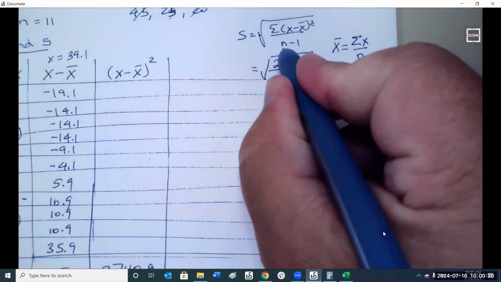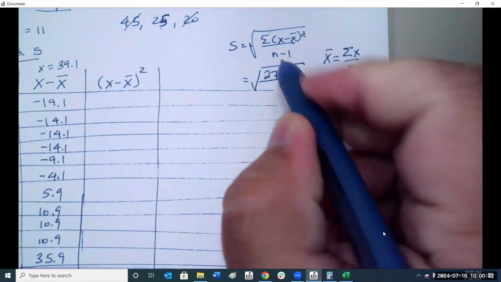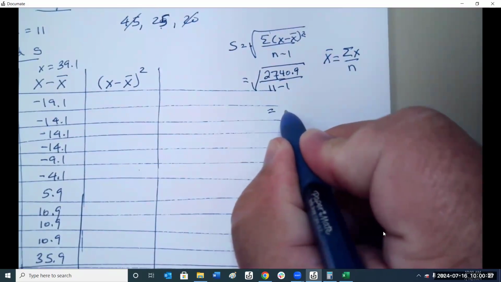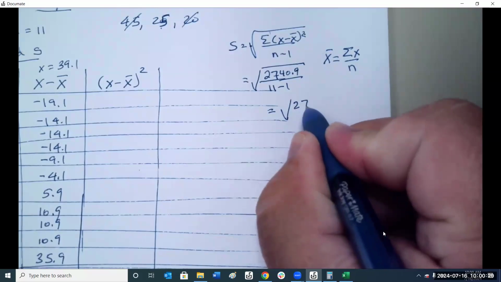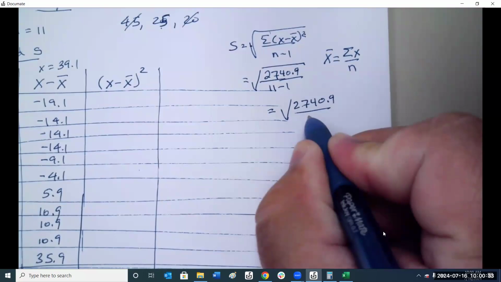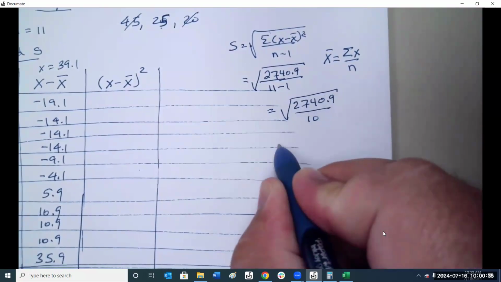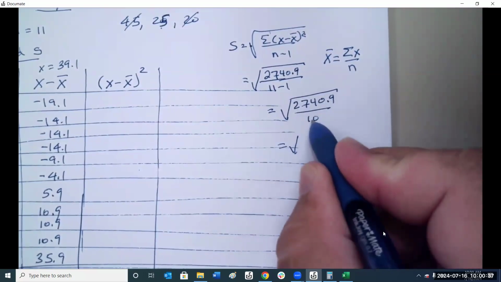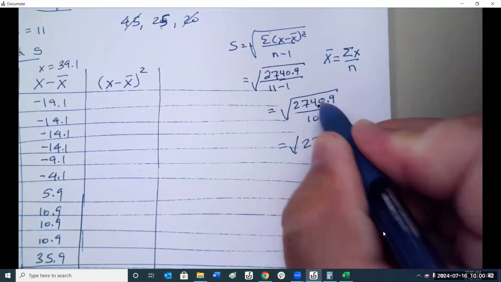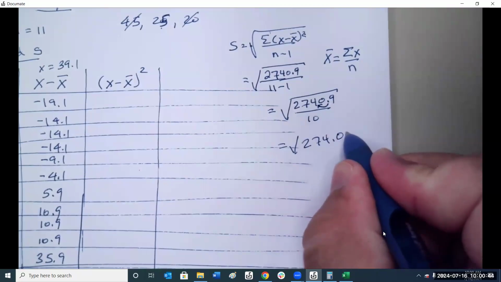What's our n? And so on the bottom, we have 11 minus 1. So that becomes 2740.9 divided by 10, which becomes, move the decimal over 1, so we have 274.09.